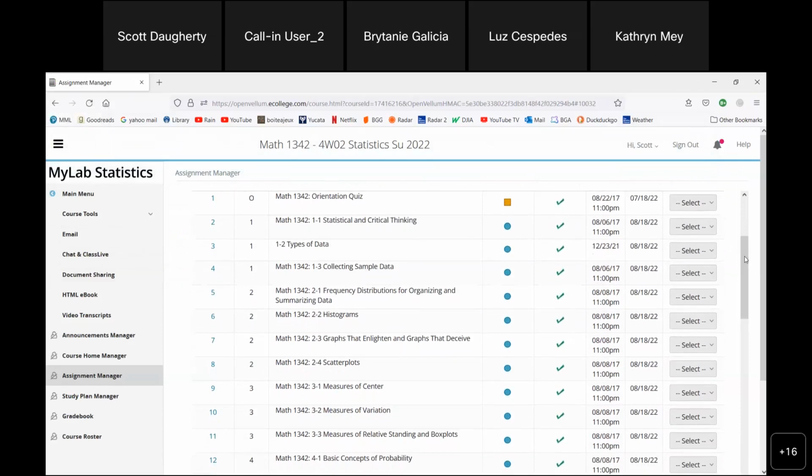Okay, so in the next section, when you collect data, a big part of statistics is that you're collecting data from the larger population. That's what we call our sample. So it's important to know what type of data you're collecting. And so the next section is a breakdown of the different types of data that you might run into when you collect data.